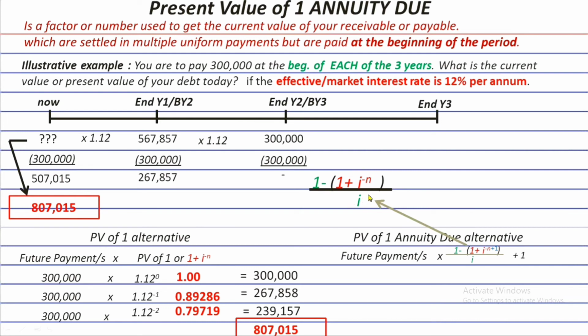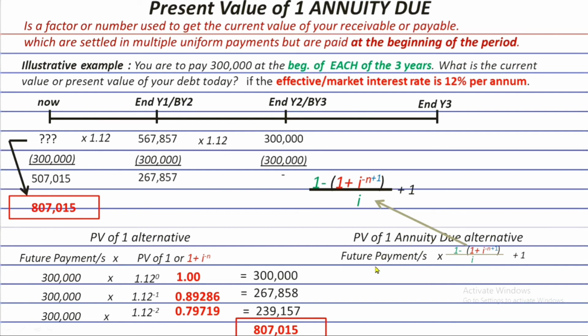And then add 1 in the negative n here and this plus 1 and you will get the formula for getting the annuity in advance or annuity due factor already. Okay? So that's how you remember the complicated formulas for getting the factors. Okay? Now, let's apply this in the illustrative problem.